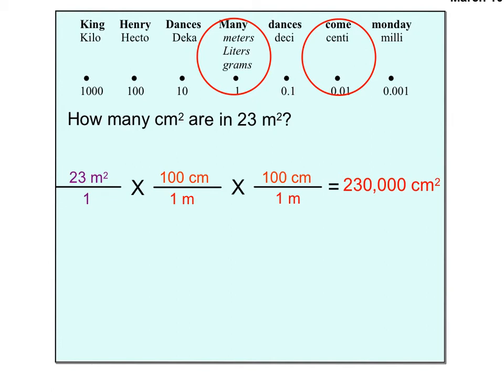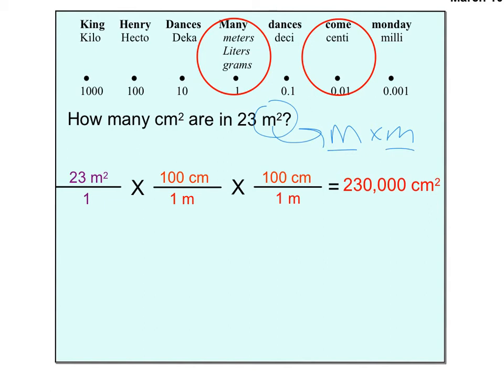All right, so we've got how many centimeters squared are in 23 meters squared. So we start off the same way. Take what I gave you, put it over 1. So 23 meters squared over 1, same start. But remember, meters squared technically means meters times meters, right? In other words, 2 meters.